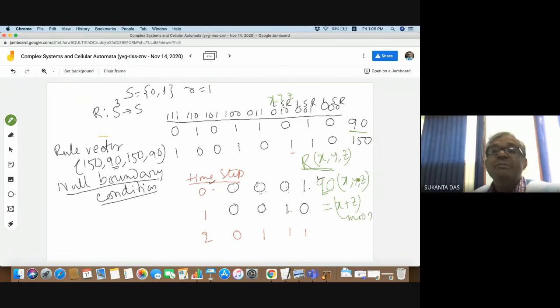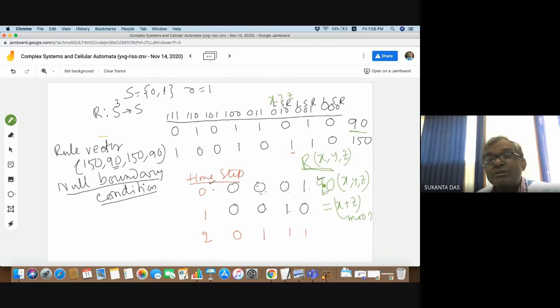You can check. See here, X is left and Z is right. 0 plus 0 is 0. 0 plus 1 is 1, mod 2 is 1. 0 plus 0 mod 2 is 0. 0 plus 1 mod 2 is 1. 1 plus 0 mod 2 is 1. 1 plus 1 is 2, and mod 2 it is 0. 1 plus 0 mod 2 is 1. 1 plus 1 mod 2 is 0.